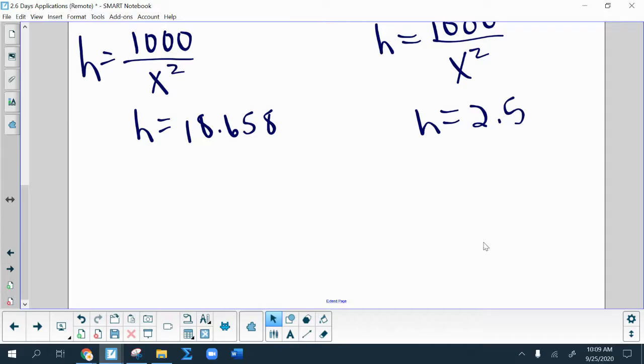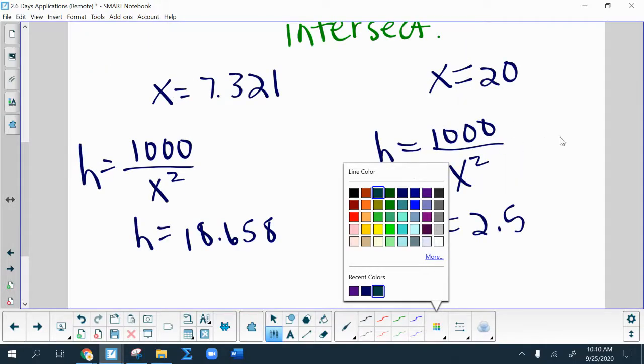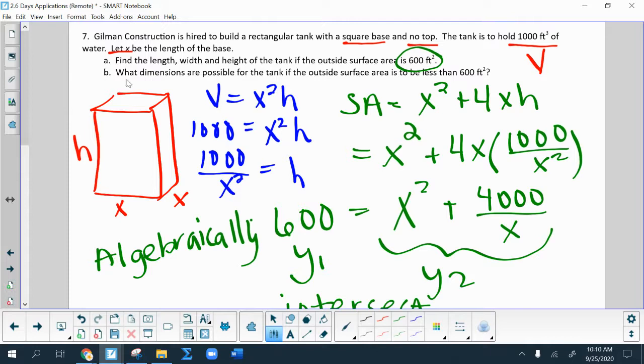Okay. Part B then asks you to find the range of values, basically. So it says, what dimensions are possible for the tank if the outside surface area is to be less than 600 feet?